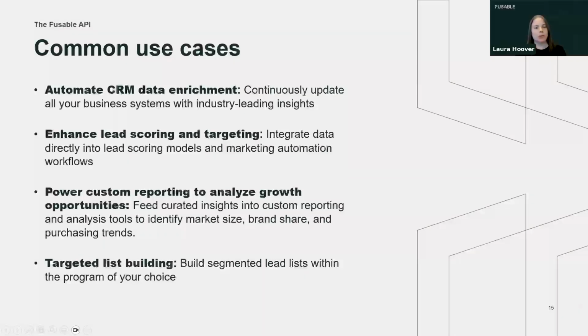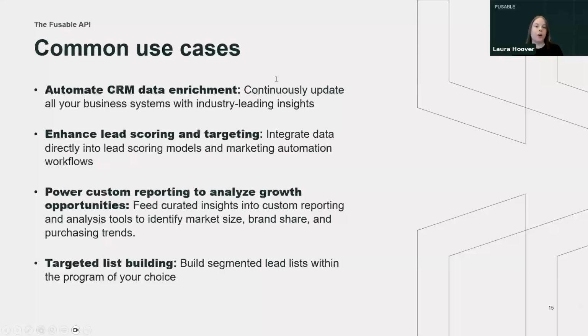In the Salesforce portion of this presentation, I showed how our data appears inside Salesforce through our app. Our API can do generally the same thing in any other CRM on the market. This means that no matter which CRM or marketing automation tools you use, our API can enrich your records and help you get that full 360-degree view of each and every customer.